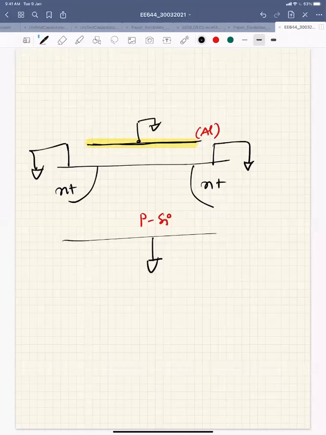But since the work function of aluminum is less than the work function of silicon, there will always be an electric field in this direction, because there is an electric field from the lower work function metal to the higher work function metal, right? The strength of this electric field will depend on the work function difference, so this electric field is proportional to phi m minus phi s.